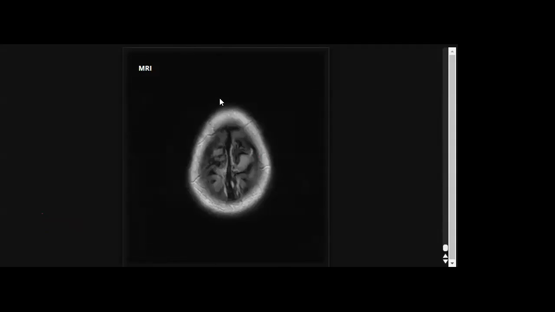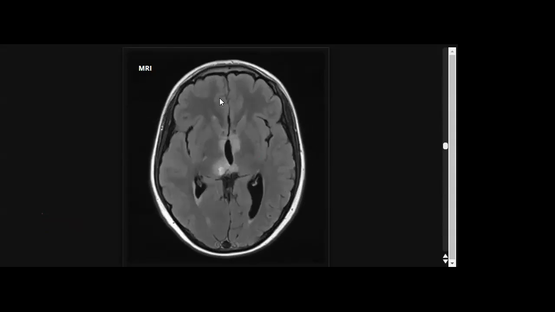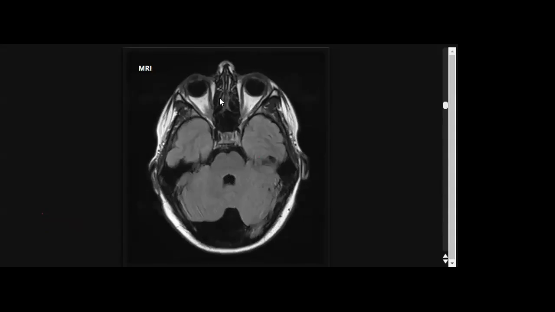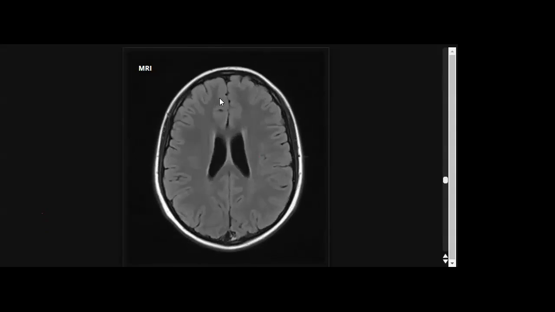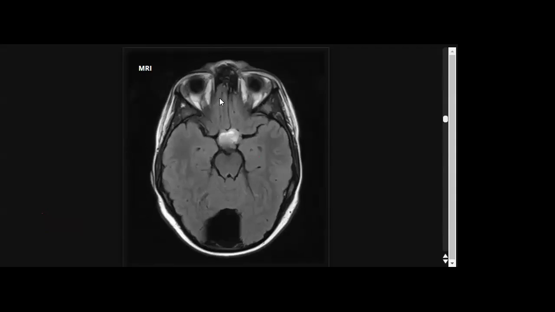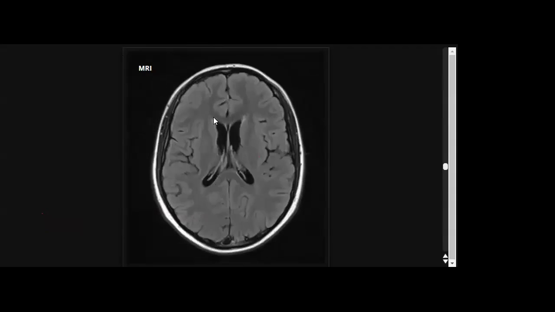Okay, so I'm provided with MRI of the brain, FLAIR sequence. I can see at the sellar region there is a well-defined lobulated hyper-intense lesion, as well as a suprasellar location, predominantly with a high signal with bright rim around it.